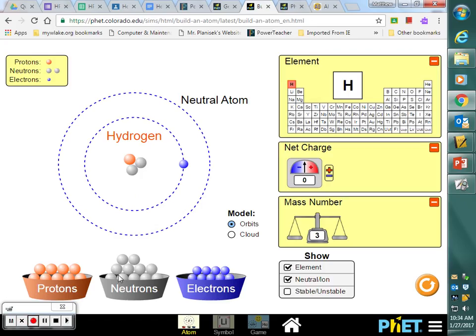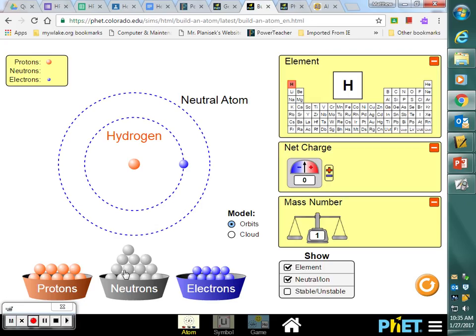Does anything happen with the net charge? Does anything happen with what type of atom it is? No. So those 3 atoms that I just built are all isotopes, because they have the same number of protons but a different number of neutrons. Nothing changed about what kind of atom it is, but just what's in the nucleus of that atom.